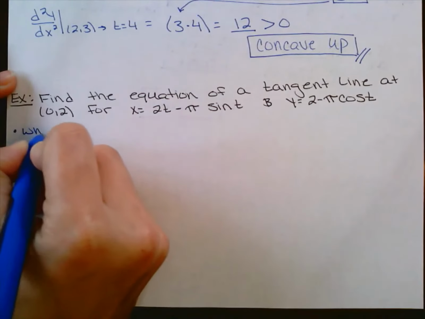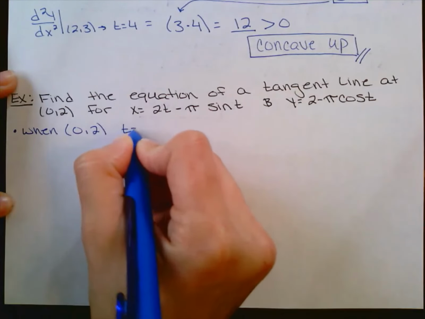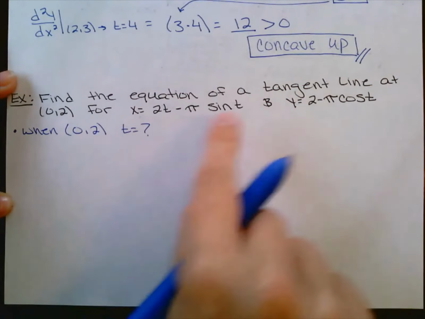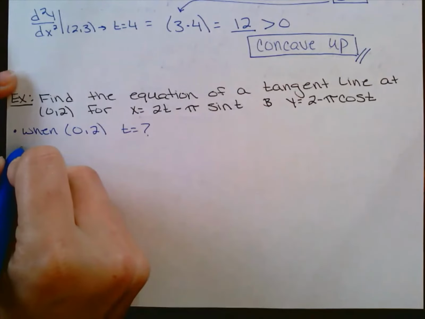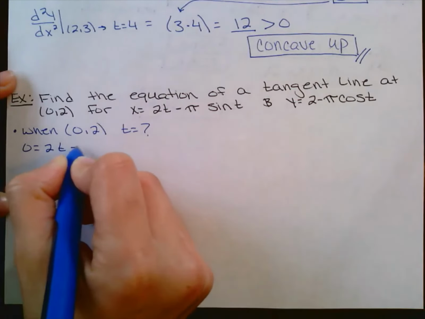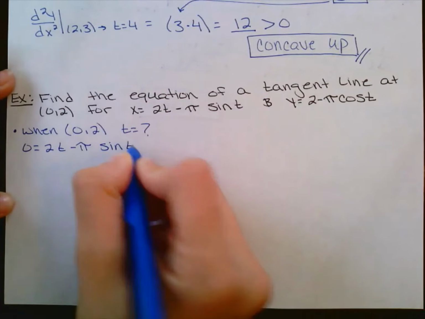So when I'm at 0, 2, what is my t? Okay, we're going to plug the 0 for the x and the 2 for the y. So I could say 0 equals 2t minus pi sine of t.